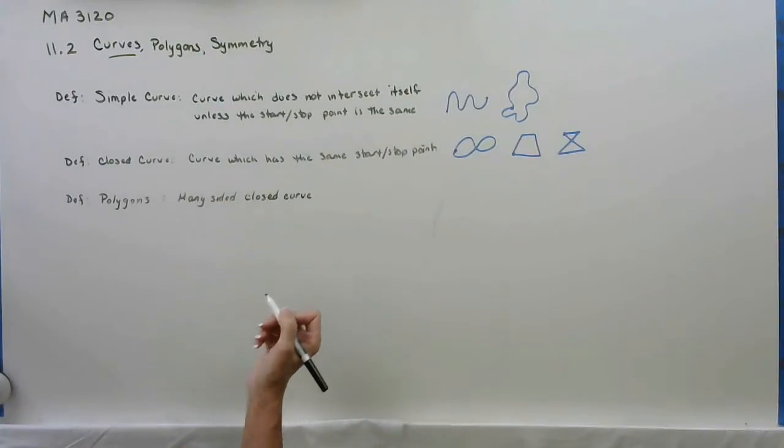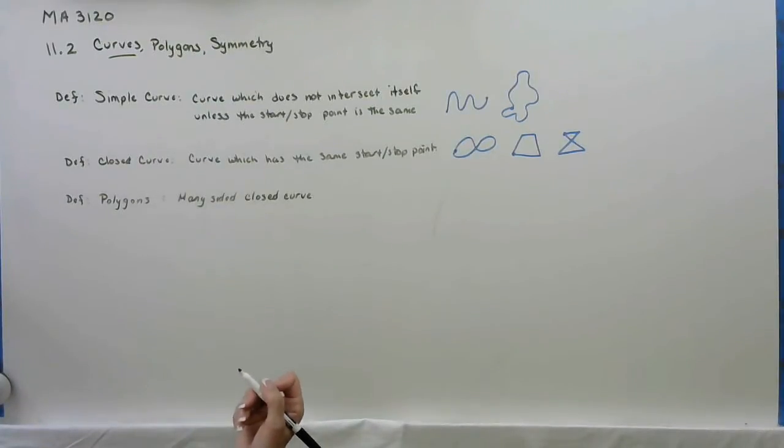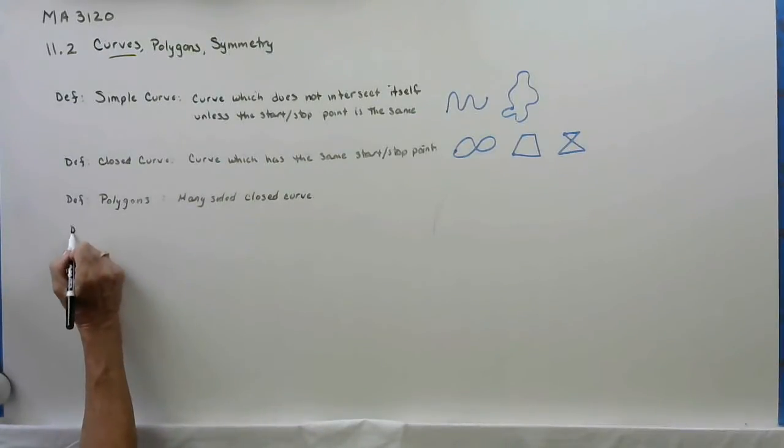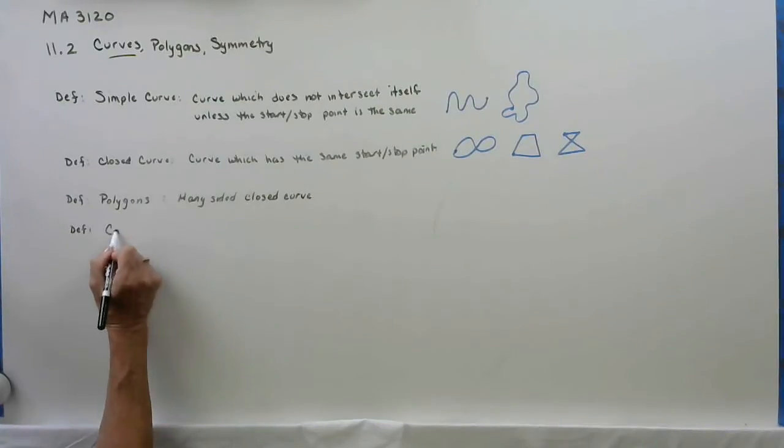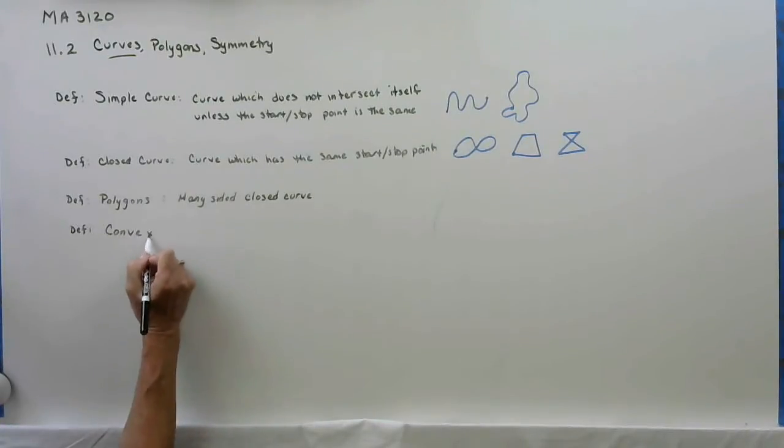We will look at specific polygons in just a moment, starting with 3 sides. Many-sided closed curve. And then there are 2 terms that we look at quite often when describing a polygon. It's either convex or concave.